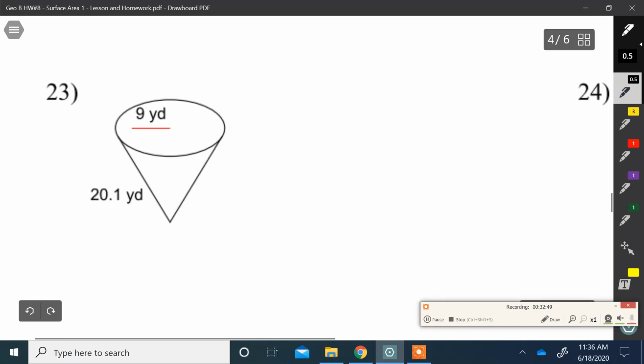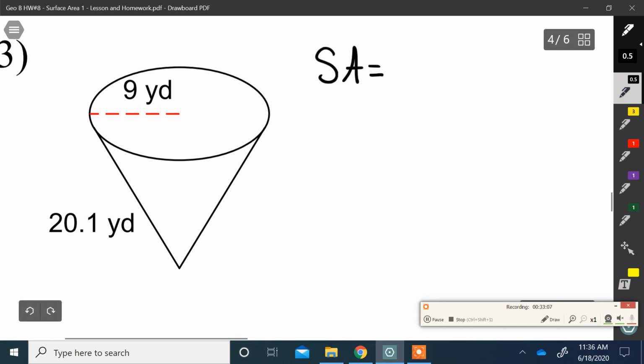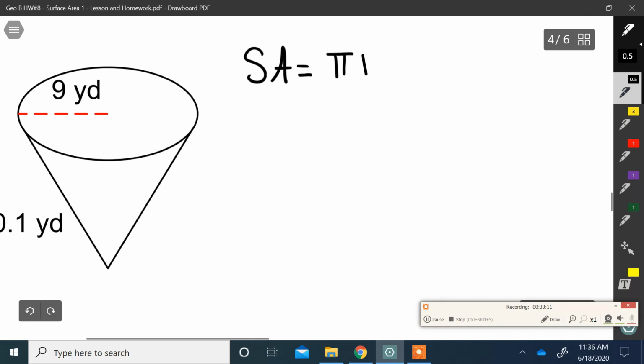Number 23, very simple as well. They're giving you the radius here on this round. The formula for a cone, as you see in there, is the following. Surface area, and again, I'm getting all of this from my formula sheet, which you should have already.